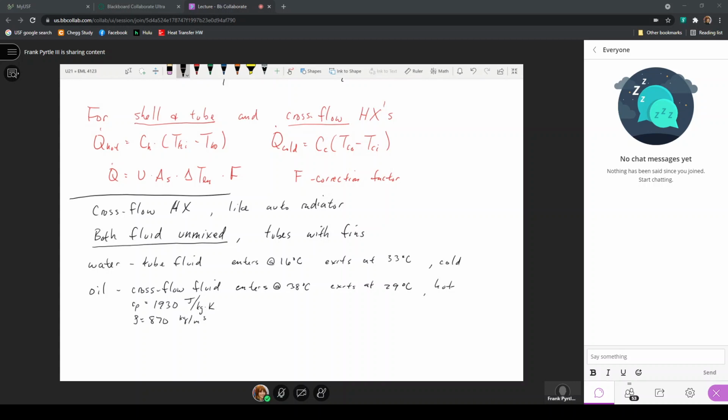And we'll consider that the oil is flowing at a volumetric flow rate of 0.19 cubic meters per minute.